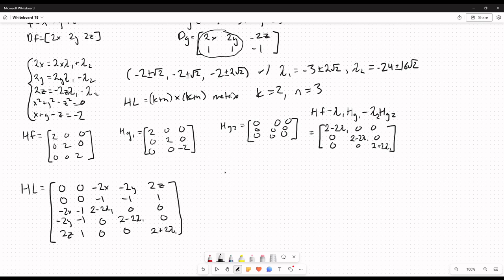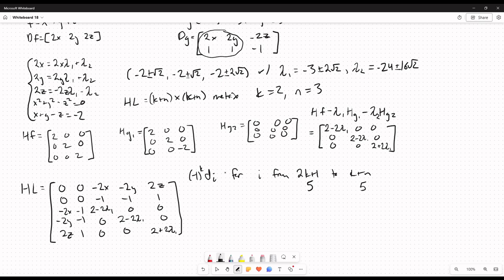And now we have our big Hessian matrix, and we're looking at the sequence d_i, or negative 1 to the k d_i, for i from 2k plus 1 to k plus n. 2k plus 1 is 5. k plus n is also 5.